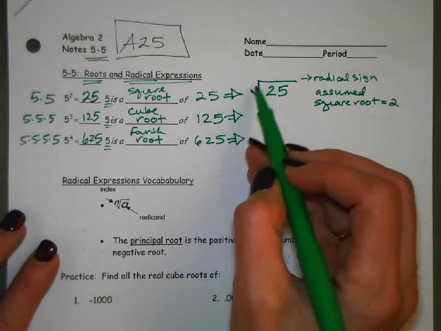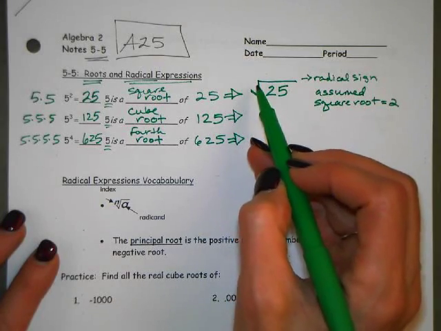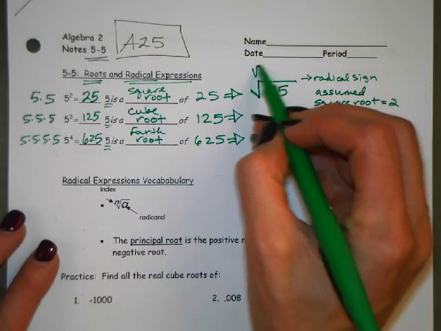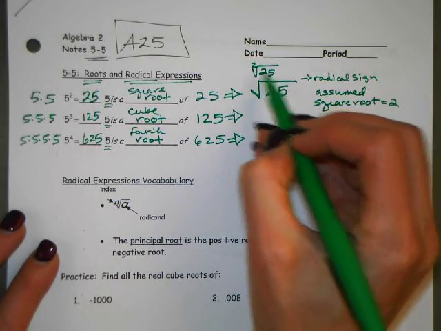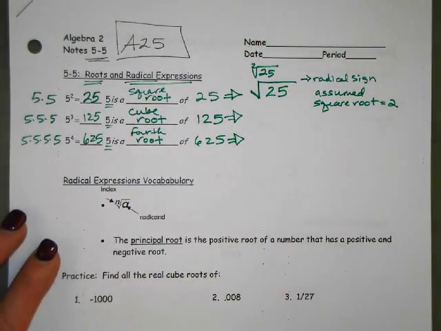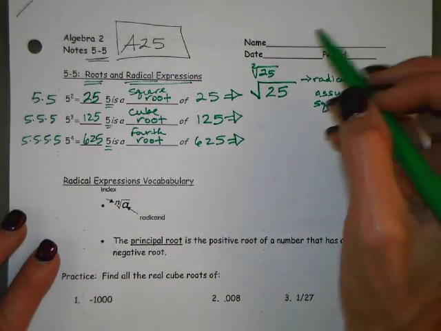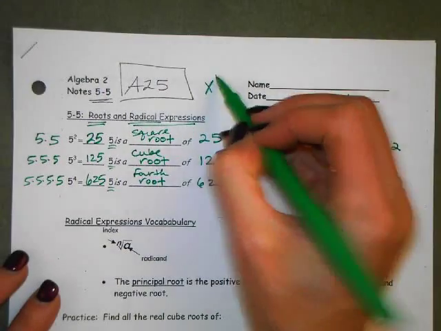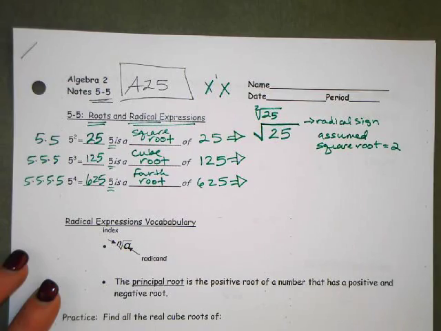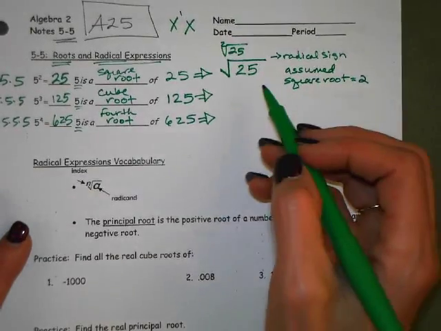No. If there's absolutely nothing here, it is assumed 2. So if there's nothing, these are the same. It's kind of like when you have just x, it's assumed to have an exponent of 1. We don't write x to the 1 power, we just write x. So when we see x, we know the exponent is 1. Same thing with this.